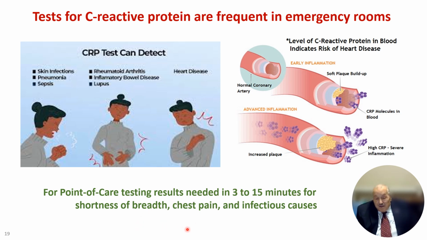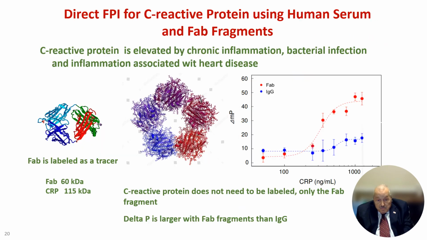If you want to know if the person has angina, if they need an anticoagulant, or if they have an infection, because infections can easily be fatal. So we needed a rapid point of care test for the C-reactive protein. Here are the results, not for the rapid testing, but for what the molecules are. FAB is the label. I don't have a label here, I'm sorry, because we don't have a fluorescent label, about 60 kilodaltons.